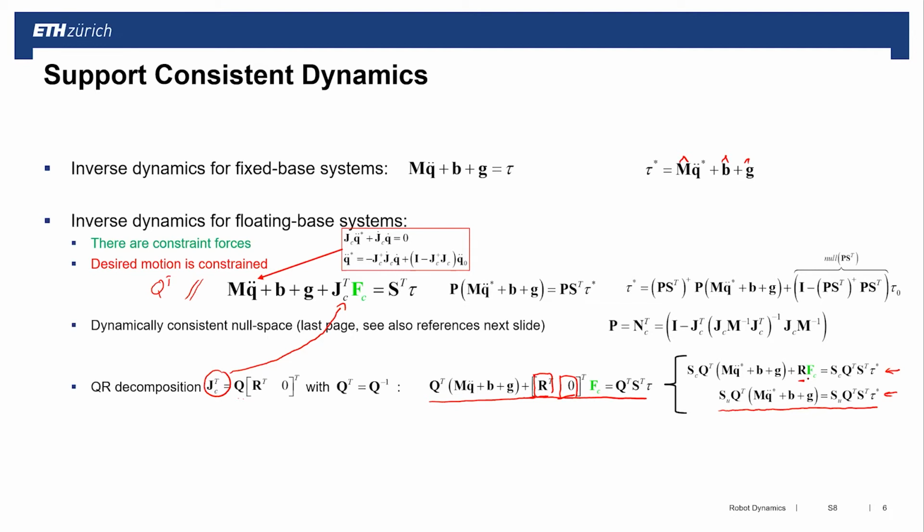So this is now a splitting of this whole dynamics of a floating-base system in contact into two subcomponents. One subcomponent here, where I can directly relate motion to torques, and one subcomponent that, given the torque and the motion, I can directly calculate the force.